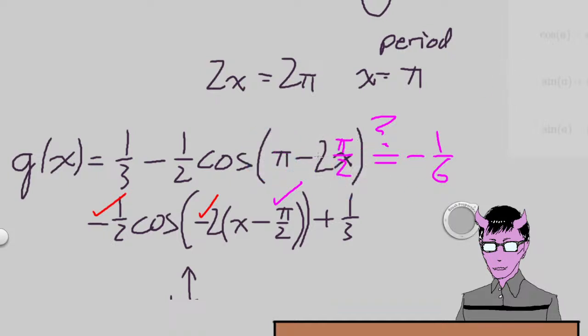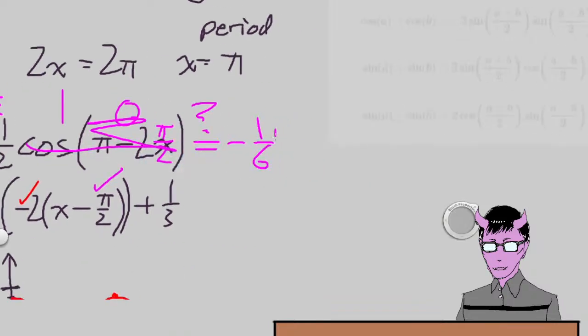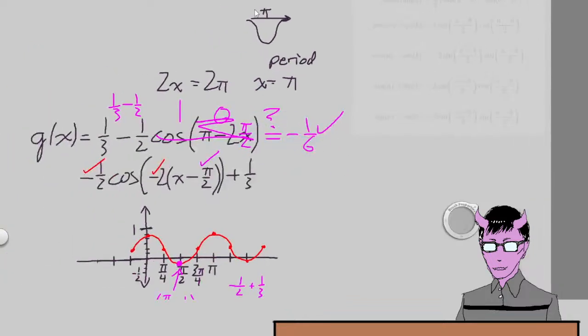So 2 times pi over 2 is just pi. Pi minus pi is 0. Cosine of 0 is going to give us 1. 1/2 times 1 is negative 1/2. And then lastly, 1/3 minus 1/2 is indeed negative 1/6. So, seems legit.